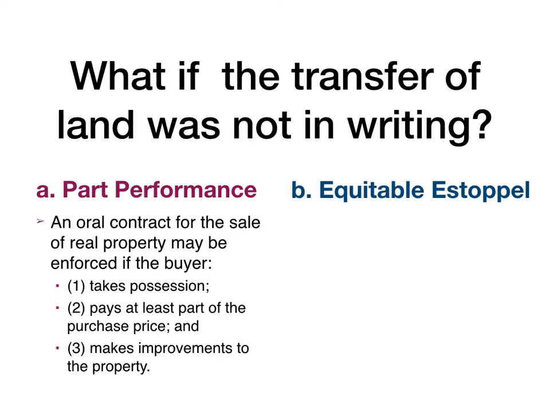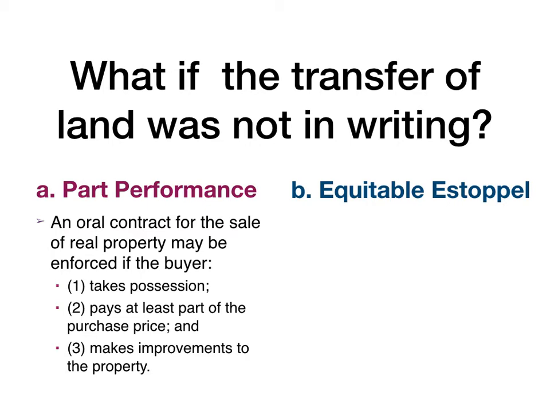Now, your book does note that some jurisdictions don't require that all of these three elements be present. For our purposes, just to simplify things, we're going to require that these three elements be present for the purposes of the exam. Okay, so you're going to look for these three elements.